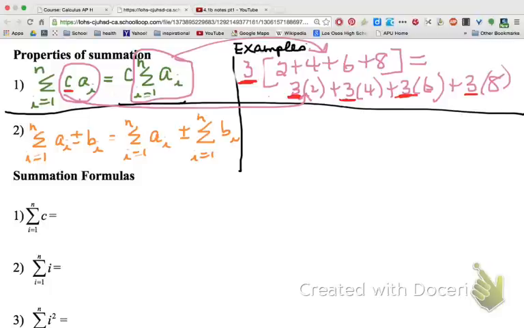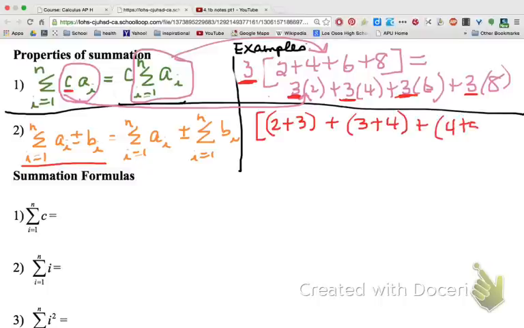Okay, so then the second one says, if I'm summing up two patterns, that I could split them and add them separately. So, for example, here, if I had, let's say, the first term was 2 plus 3, and then the second term was 3 plus 4, and the third term was 4 plus 5, and the next term was 5 plus 6, and so on.